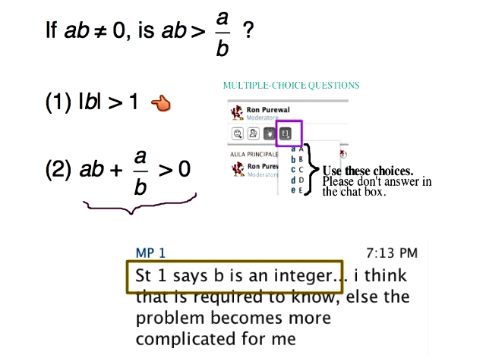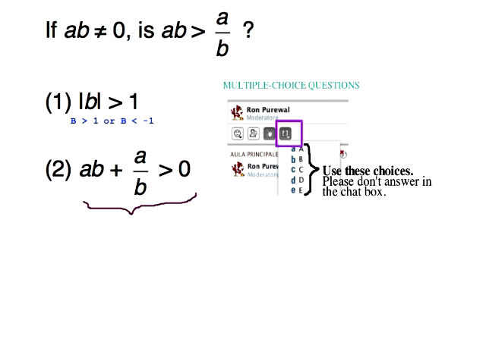This has nothing to do with integers. If you think about integers in this problem, it shouldn't really change anything. This just means that B is more than 1, or that B is less than -1. If you only thought about whole numbers, it wouldn't really change anything, because it rules out the numbers that people traditionally think about when you say decimals, which are the numbers between 0 and 1.